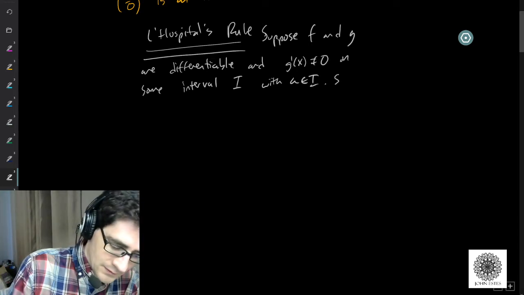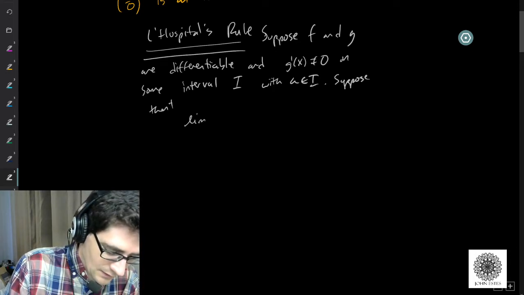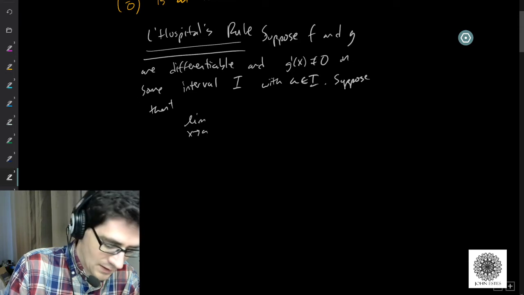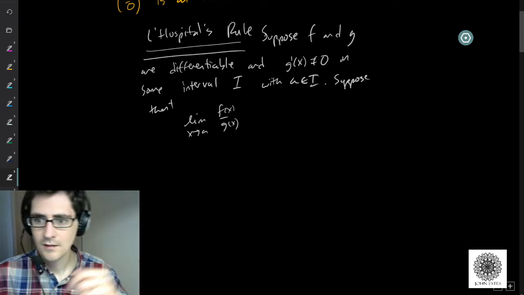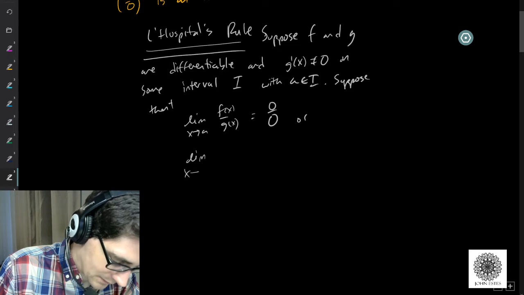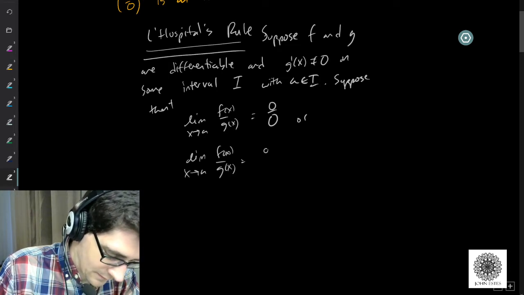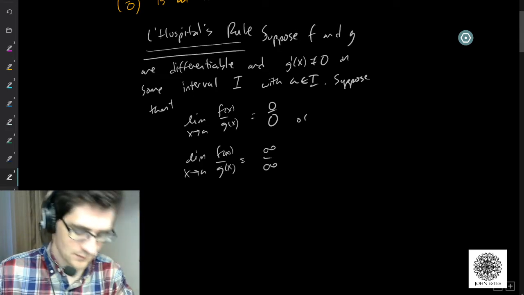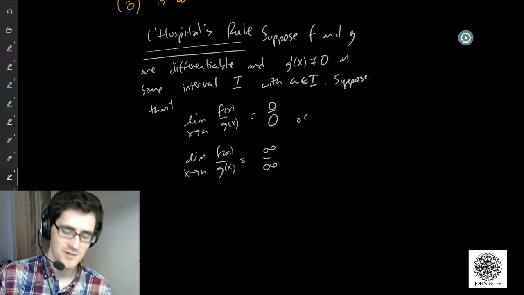Now suppose that also when we get the limit as x approaches a of f of x over g of x, we get either 0 over 0, or when I take this limit, I get infinity over infinity. And these things should cringe when you write this out because these are not defined statements, right?